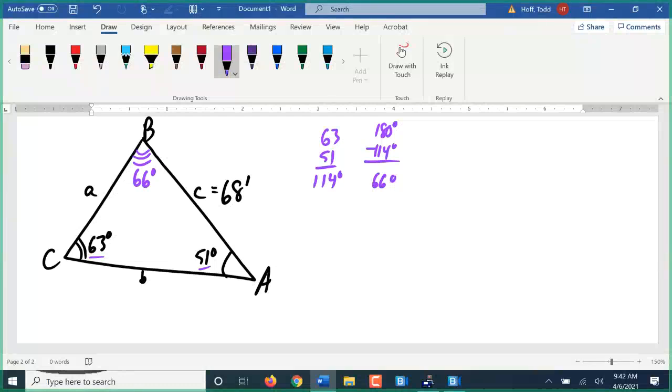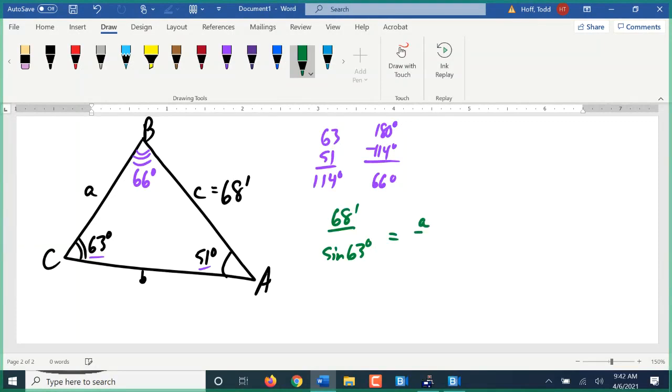Well, that still does not give us two sides and the angle between them. We have all three angles, but we only have one side. We have to have a second side. So we are again going to have to go back to our law of sines. We have the 68 feet over the sine of 63 degrees equals, and it really doesn't matter which side we find, but I'm going to find the side that's across from the angle that was given.